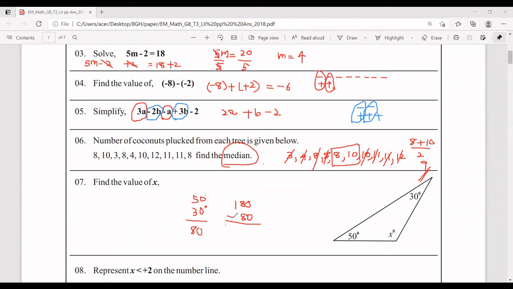What is that? 0 minus 0 is 0. 8 minus 8 is 0. So what should be the answer? 100. 100 degrees. So x equals 100 degrees. Okay.